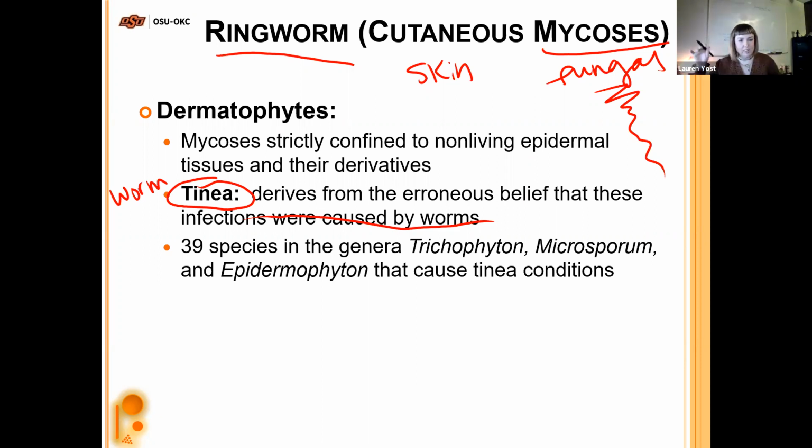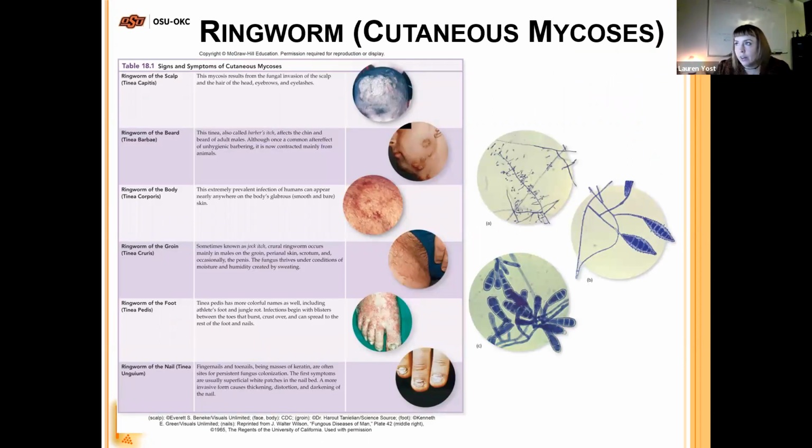So we have a lot of different kinds that can do this. This is the table that's kind of going over that a little bit. Tinea capitis causes it in the scalp, as well as eyelashes and stuff. Tinea barbae is the form that you get in the beard.